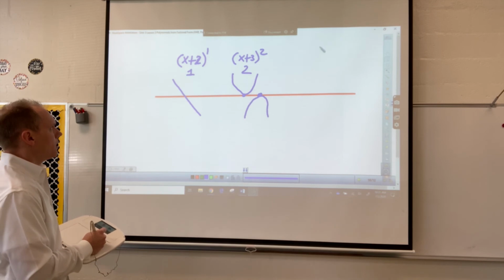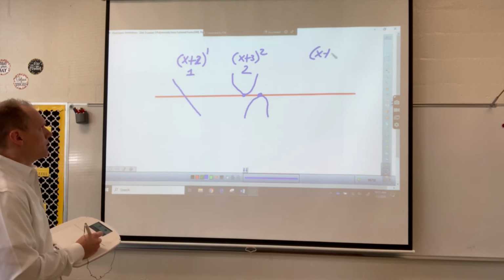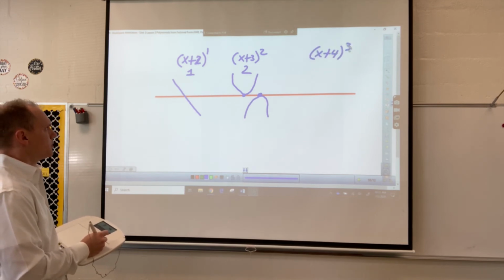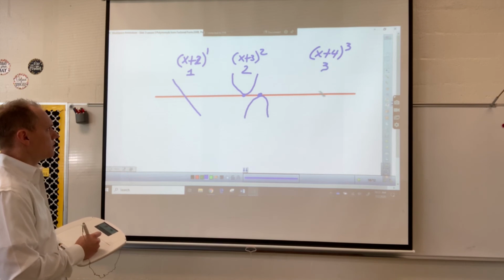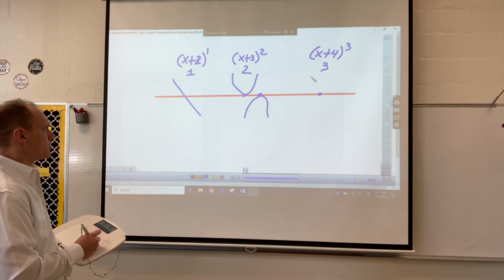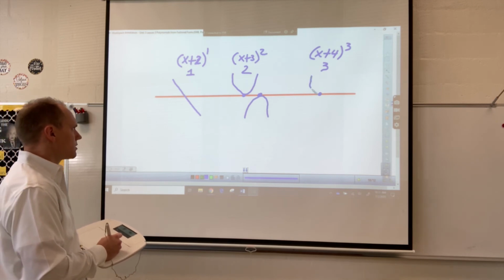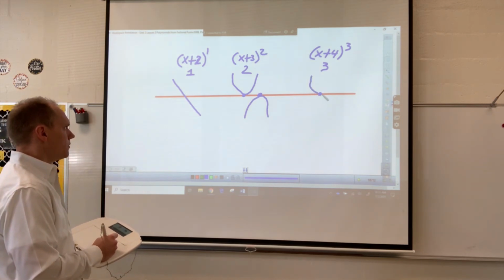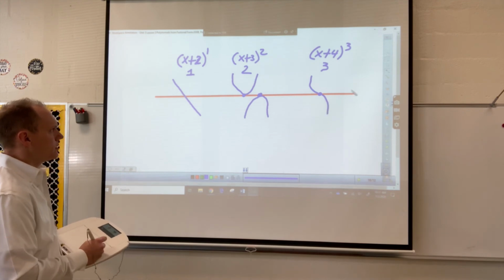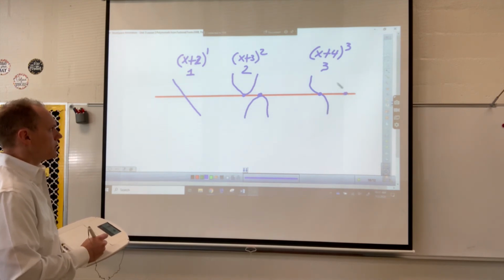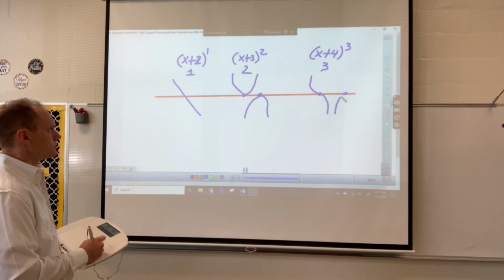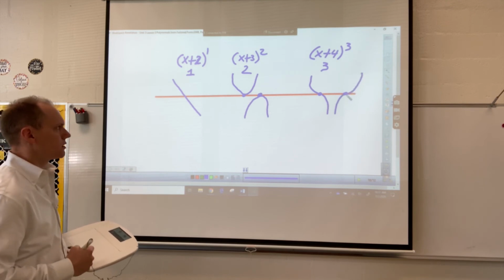Okay, if we have a degree 3, so an exponent of 3, it's going to look like a cubic at that point. So it's going to have a little change in the concavity or curvature. So it's going to come through, but see how it changes concavity there? Or it could go like this. It starts below, and it's going to curve up like that.